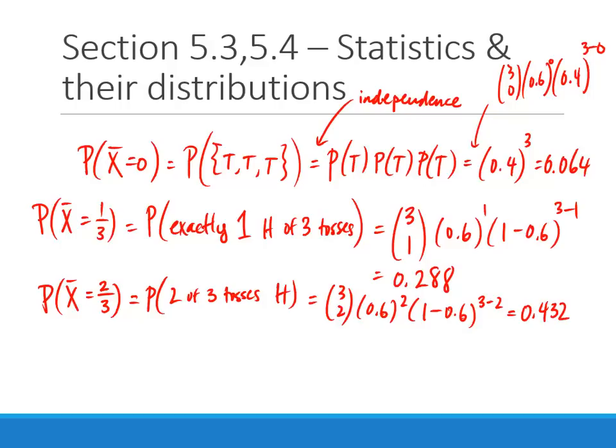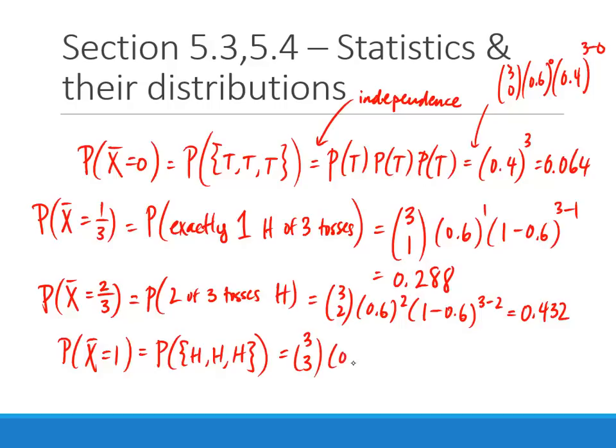Okay, and moving a little more quickly now, the probability that x bar equals 1, the probability that I have all heads, kind of like the first one, and that is similarly a binomial probability.